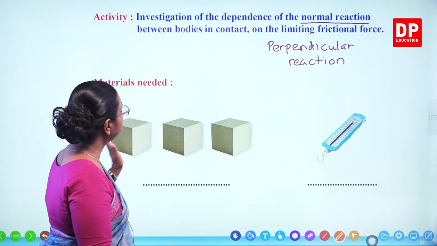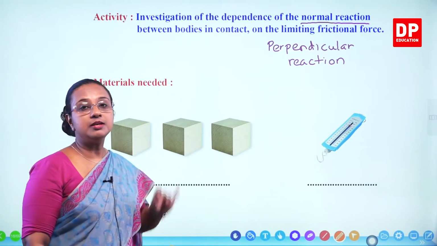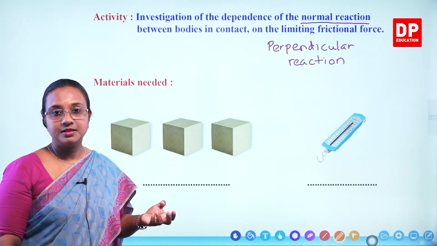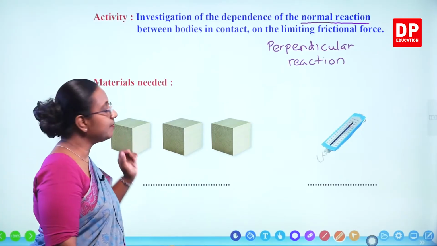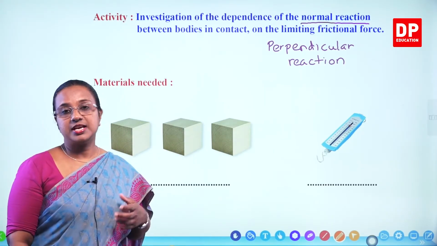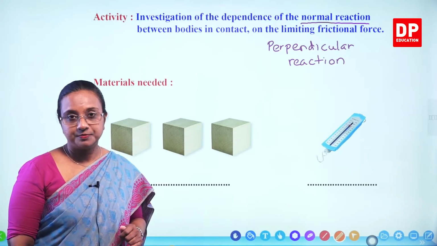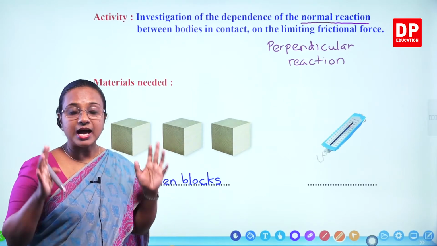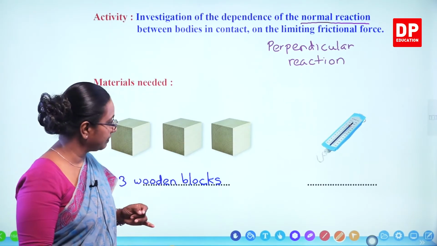So for that we will need 3 wooden blocks. Blocks of the same weight, or you can use one block and other objects with different weight. So here we will be using 3 wooden blocks. They are similar wooden blocks. They are not identical, but they are similar.